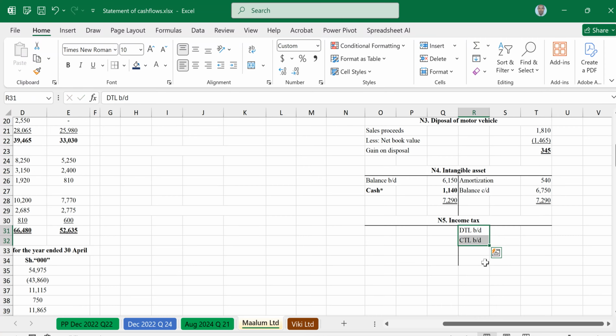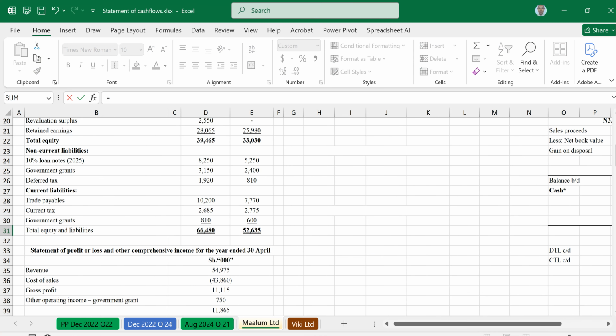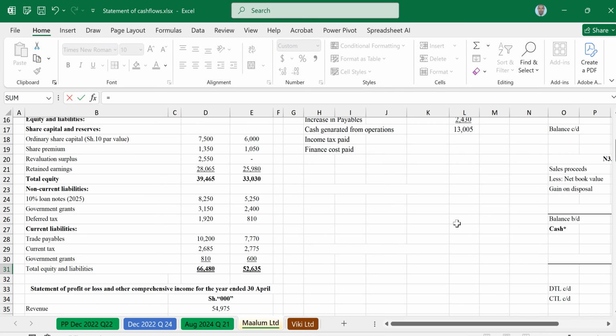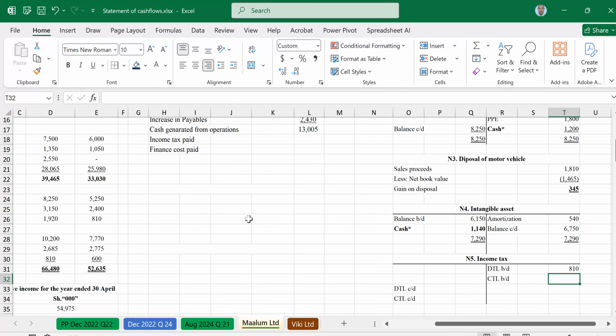Then the same items will move here, where now they will be termed carried down. So the deferred tax and also current tax. Now, the deferred tax brought down is 810.